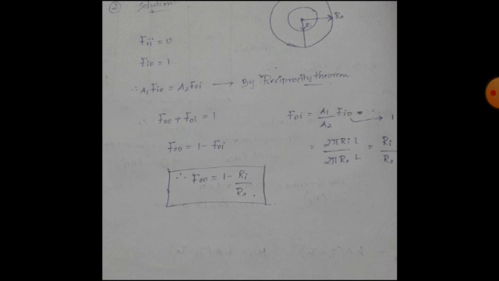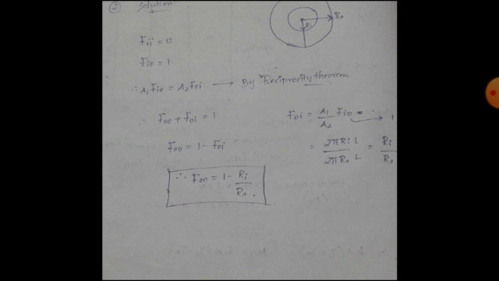Before solving this question, we shall discuss what is shape factor. Shape factor is nothing but this: consider one surface which is emitting radiation. Neighboring to that surface there is another surface.